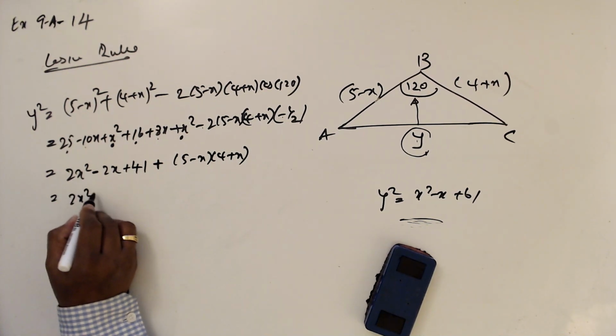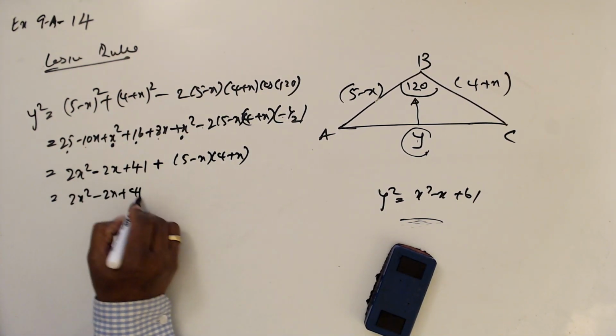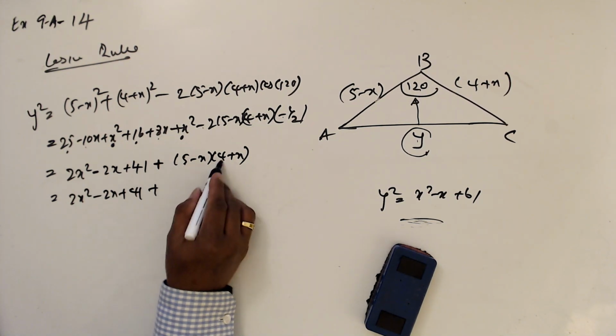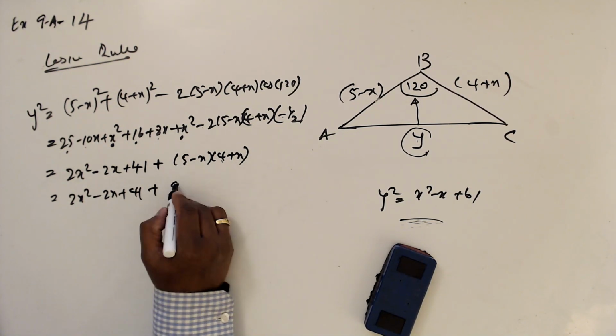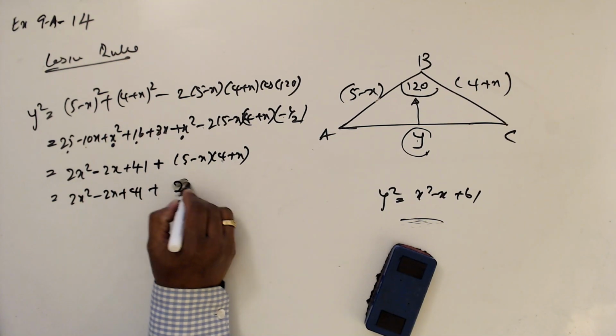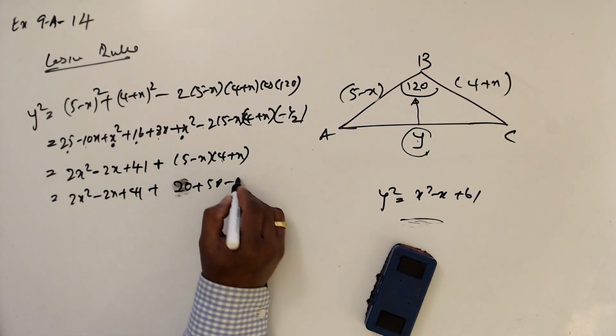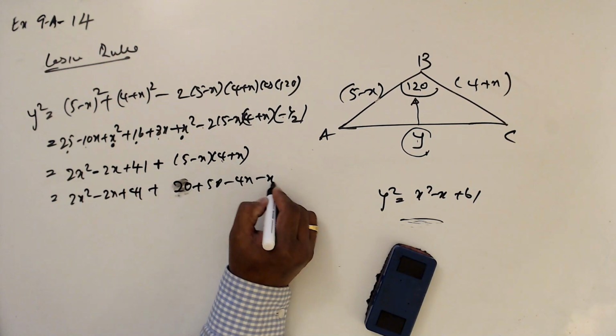So 2x squared minus 2x plus 41 plus, so this is going to be 5 times 4 is 20, and this is going to be 5x, and this is 4x, and this is x squared.